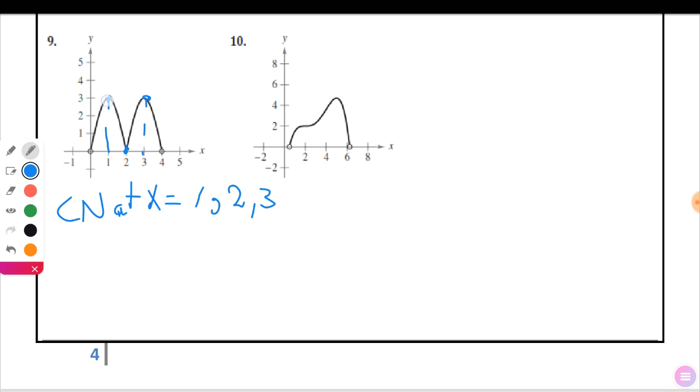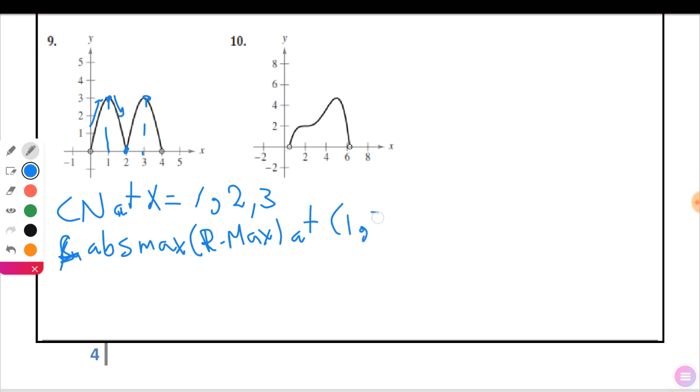Here at 1, the behavior of the function changed from increase to what? Decrease. So the function has an absolute maximum, and we can say relative maximum, at 1, 3.